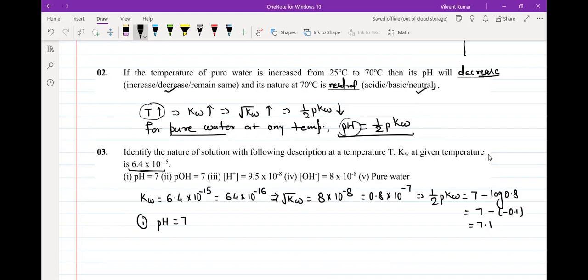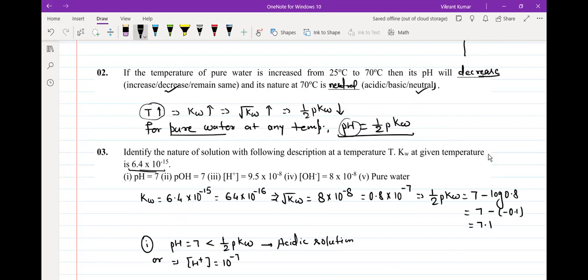Which means अब देखो डिफरेंट पॉइंट्स है कंसीडर करने के. Whatever you want to do, कर सकते हो. जैसे पहले में I can write pH is 7 which is less than half pKw. So if that type of thing we are getting, I'll say this is an acidic solution. Or we can write pH is 7, so H plus is 10 raised to minus 7, which is greater than root Kw, because root Kw is 0.8 into 10 raised to minus 7.